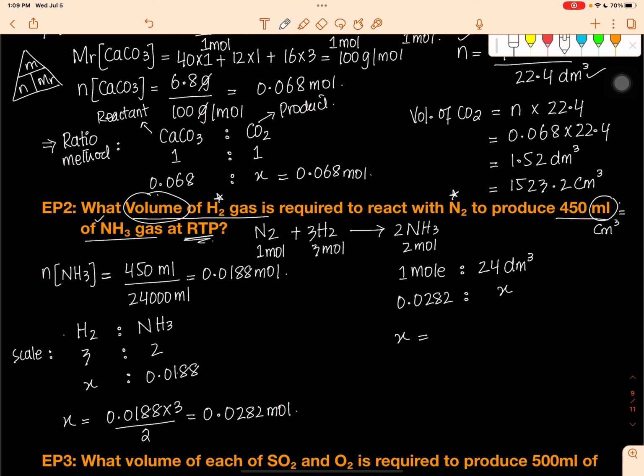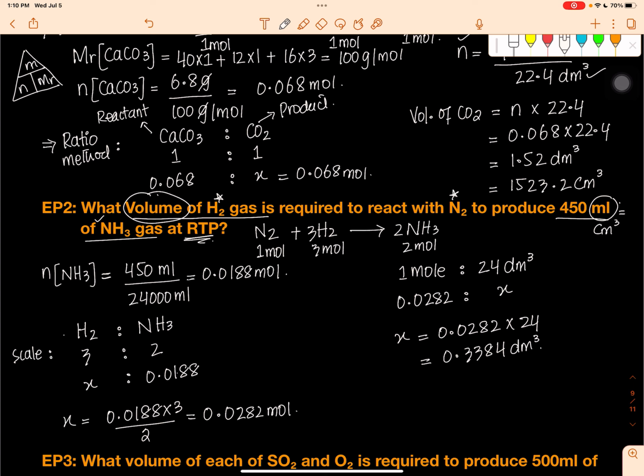So x is equal to 0.0282 cross 24, and we get 0.3384 dm cube.